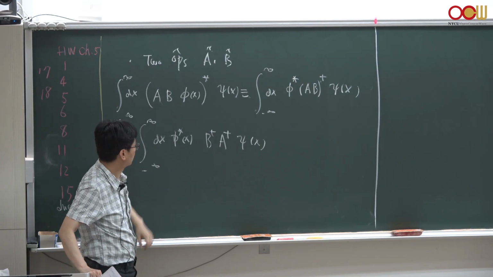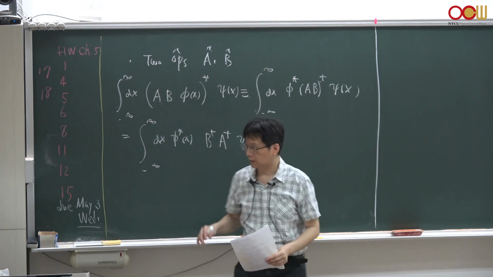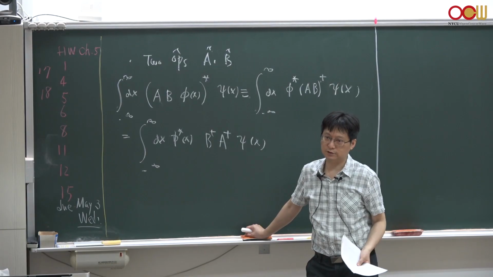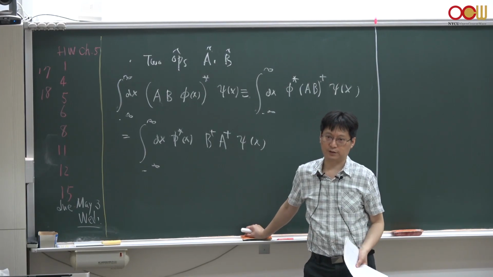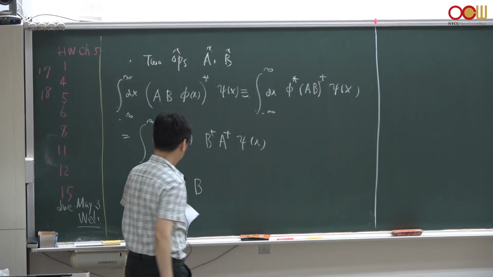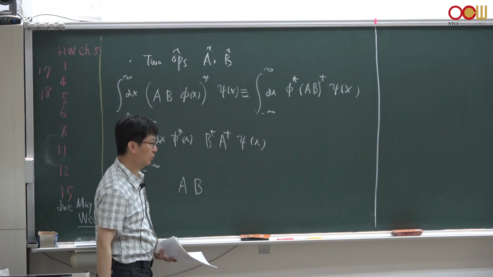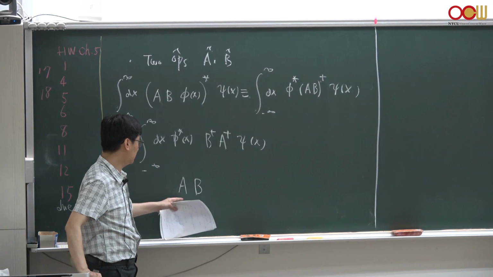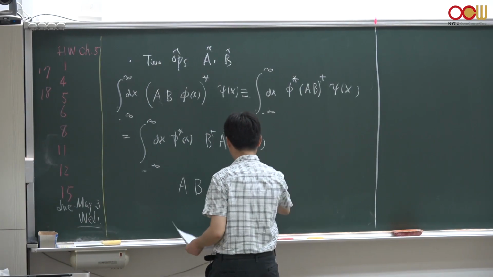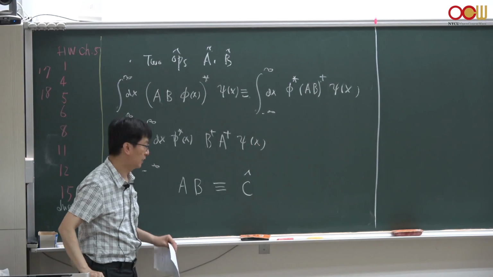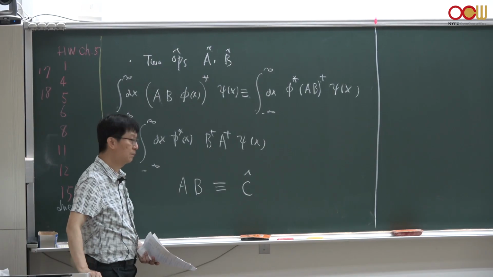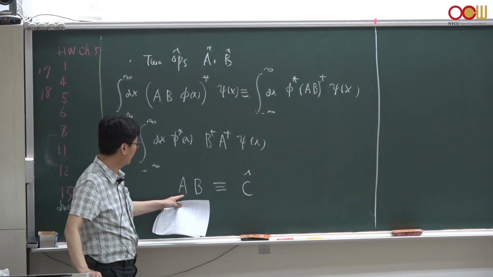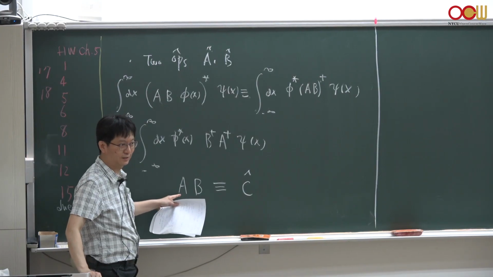Since A and B are two operators, the product of these two operators is still a quantum mechanical operator. If I write this operation like this, effectively this could be considered as another operator, C, which is simply defined by A and B.